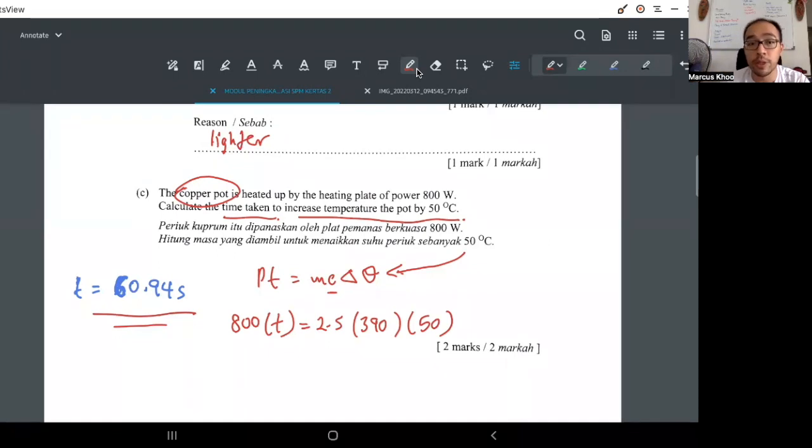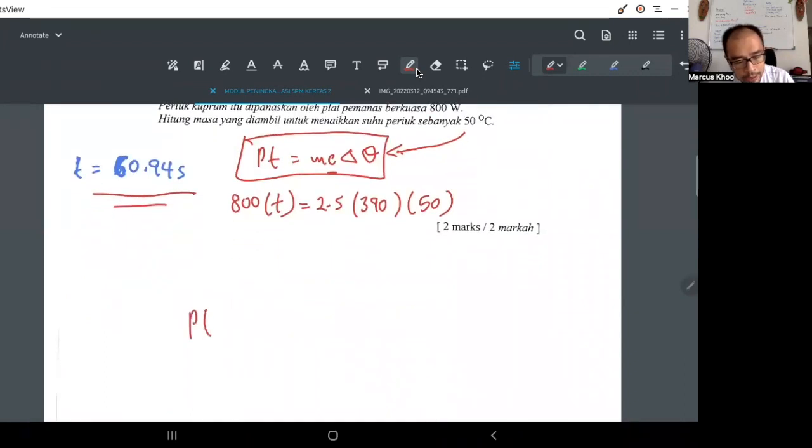So don't forget this formula, especially if they are giving you the power. If it is a heat question and power is involved, remember this. Pt equals mc delta theta if it involves a temperature increase, or Pt equals ml if it involves a change of phase, changing of phase.